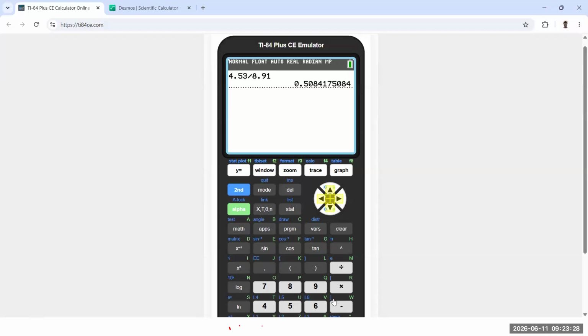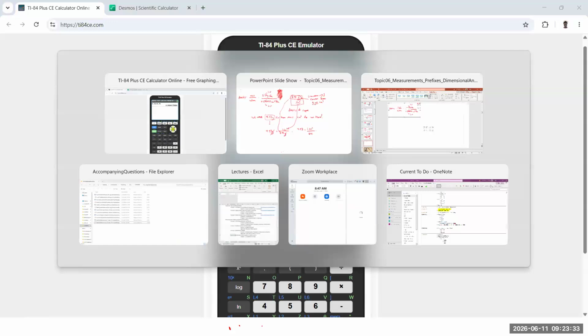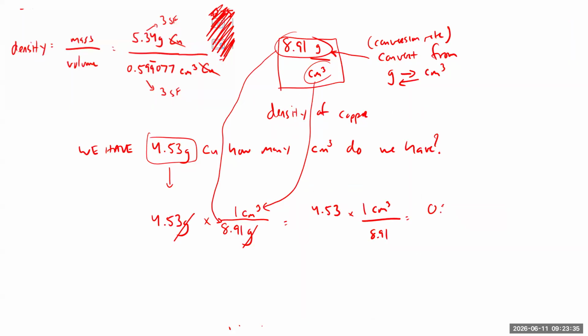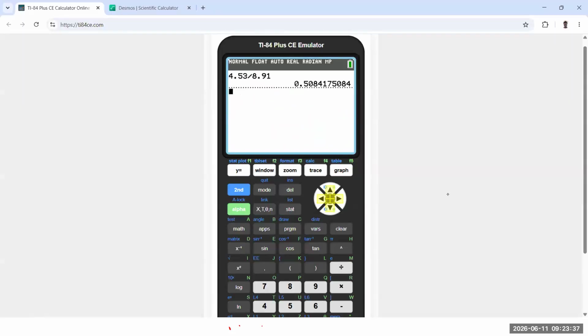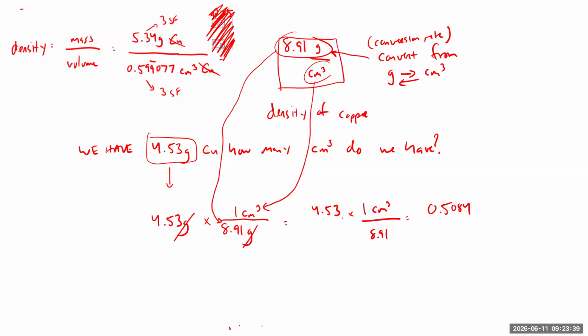I got 0.5084 cubic centimeters, right? There were 3 digits here, 3 sig figs. So I'm going to cut it off here. We have 0.508 cubic centimeters of copper, right?